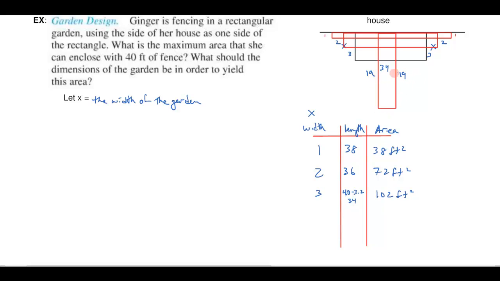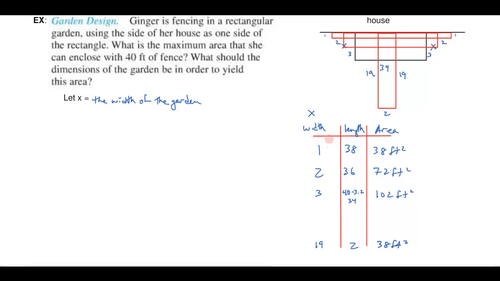That'd use up 38 feet of her fencing, and then she'd just have 2 feet for this length here. So 19 times 2 is 38 square feet. So you can see that somewhere between here, there's going to be a maximum amount of area.